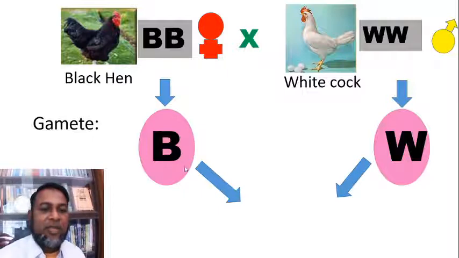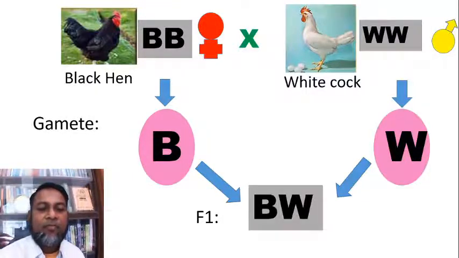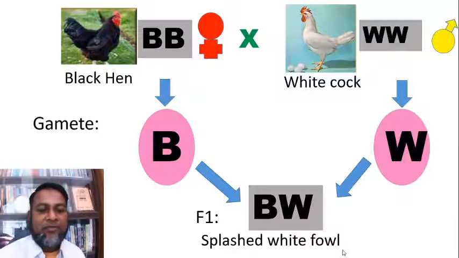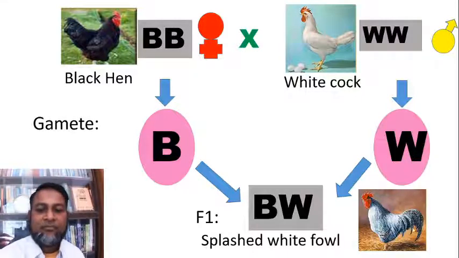Then B and W are crossed or fertilized to form F1. Its genotype is BW. These offspring are splashed white fowl according to codominance, a deviation of Mendel's first law. This is the phenotype.